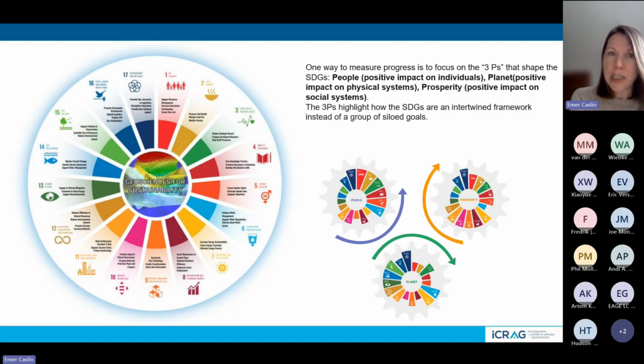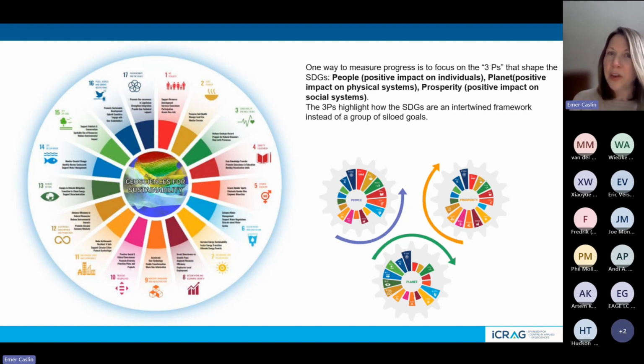We thought by doing that and by bringing those together, we highlight how the SDGs are very much intertwined. There's a huge interrelationship between each of them. And I think by looking at them as the 3 Ps, it meant that we were measuring progress a lot better.